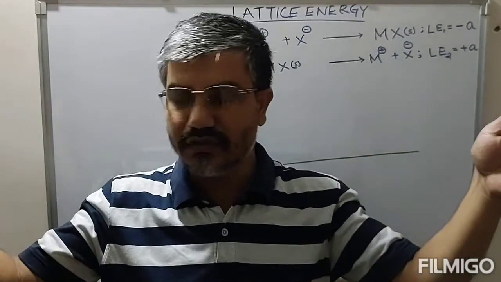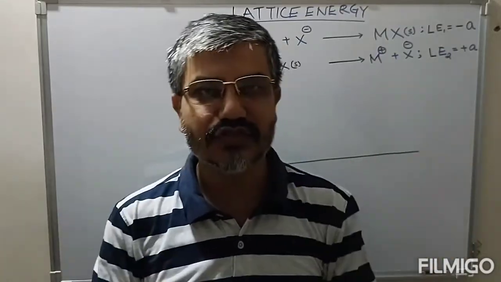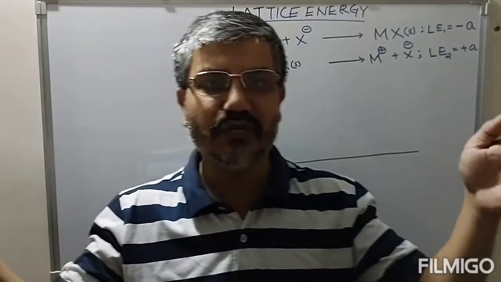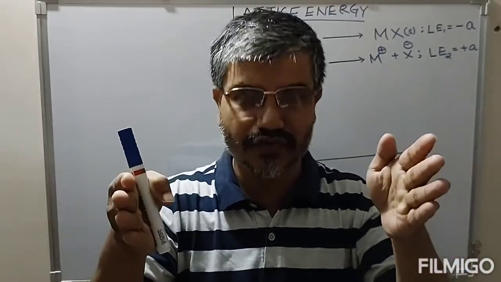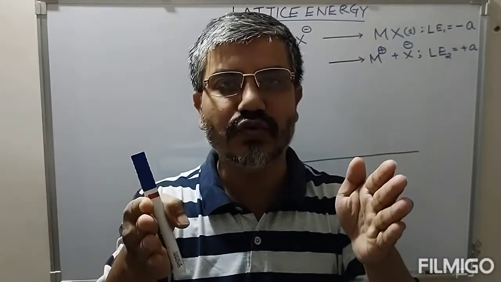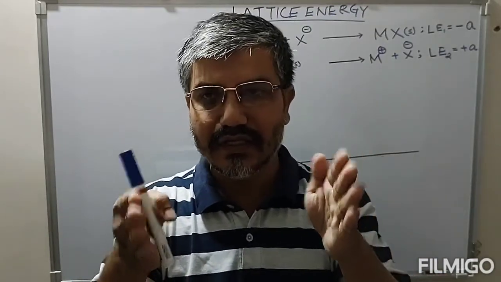When they are brought closer to each other, they are having opposite charge. So as they come closer to each other, the attractive force between these two ions will increase.